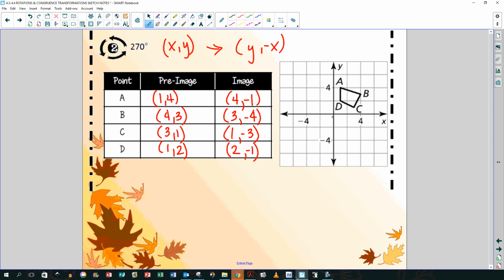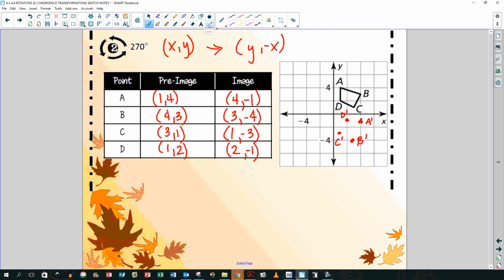So when we plot them, we go 4, -1, so there's A prime. 3, -4, there's B prime. 1, -3, there's C prime. And 2, -1, is D prime.